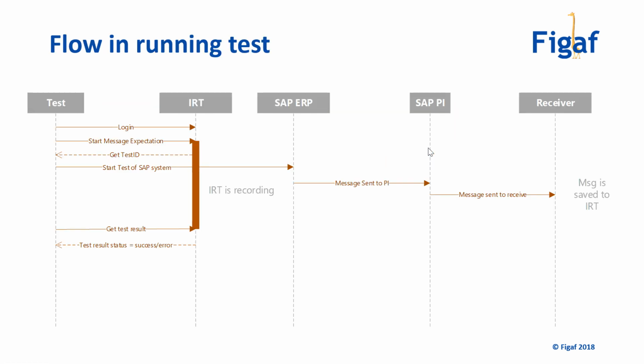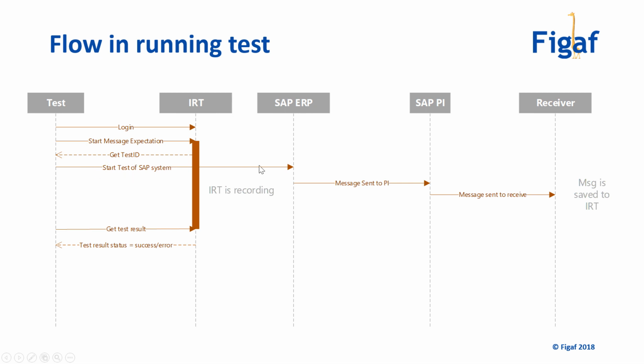So the way you would run this is you'd log on to the IRT system, start, and say I have this set of test cases, I want to run this and expect that I'm getting the same messages. And this will give you a test case ID.